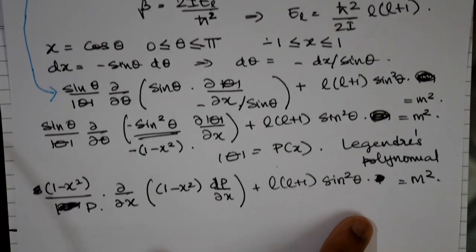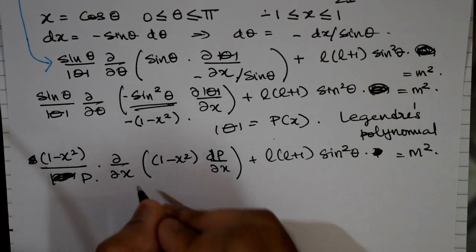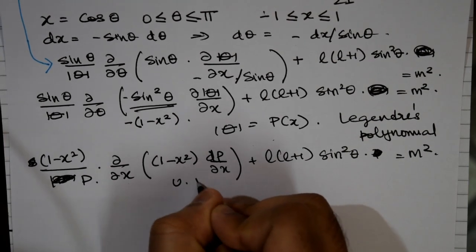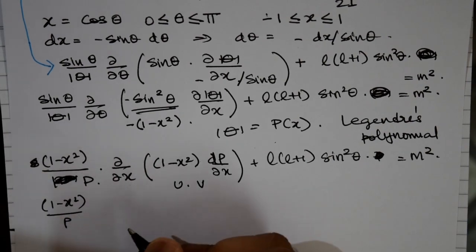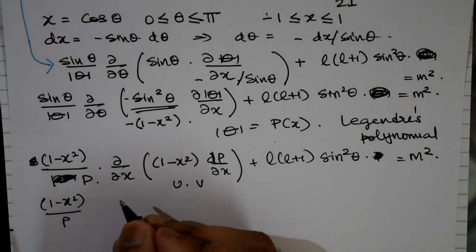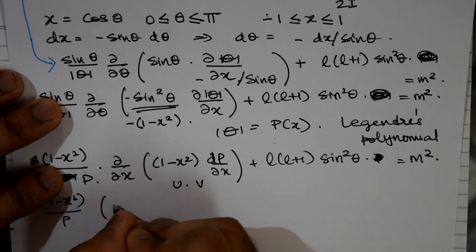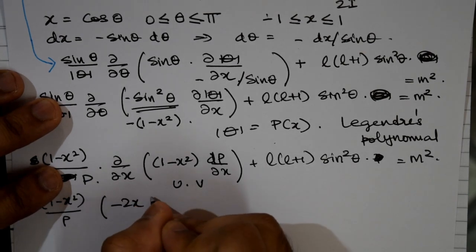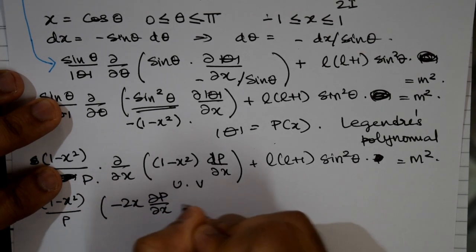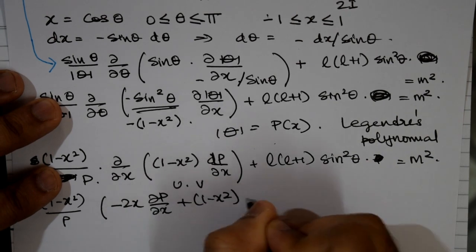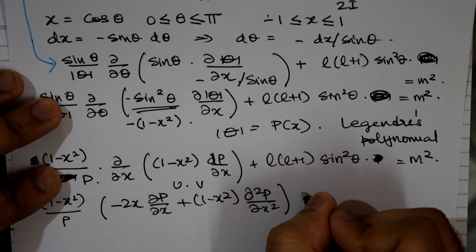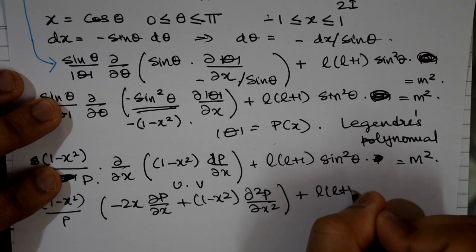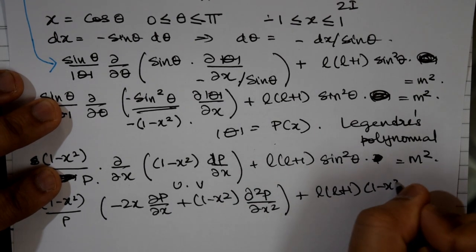So having done this, the next step is to differentiate. As you have u times v, this is going to be 1 minus x square by P, minus 2x dou P by dou x plus 1 minus x square dou square P by dou x square plus L into L plus 1 minus x square equal to m square.